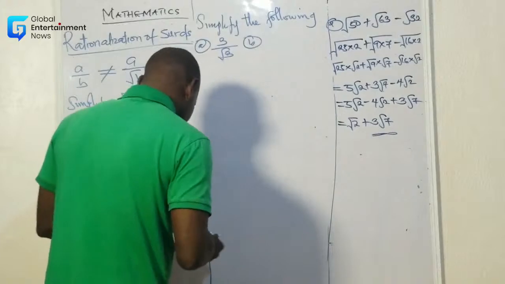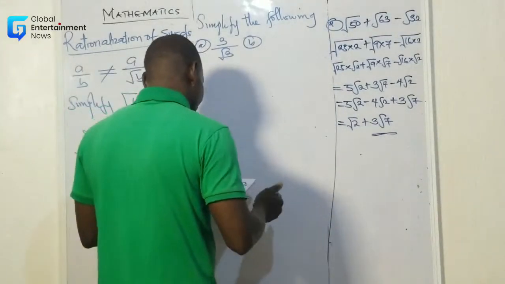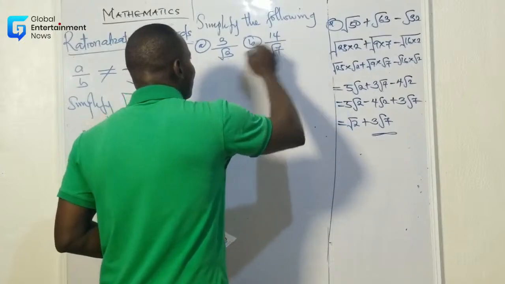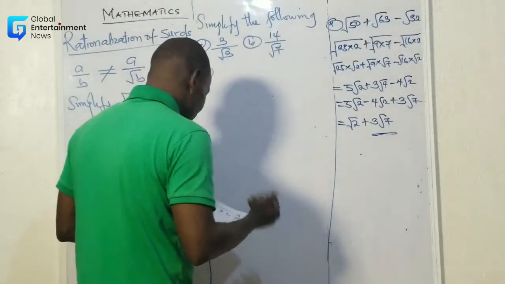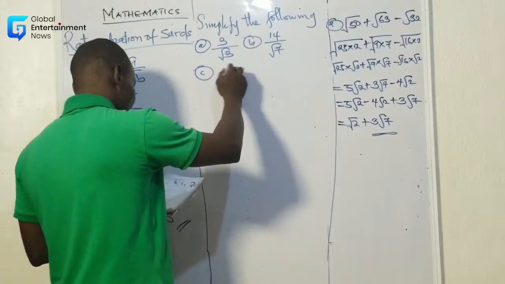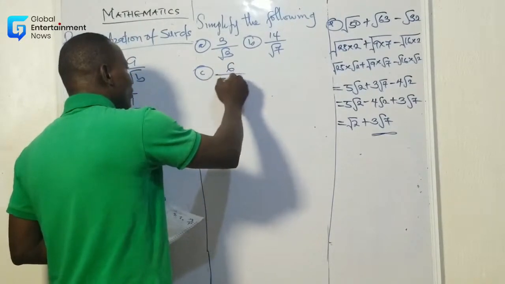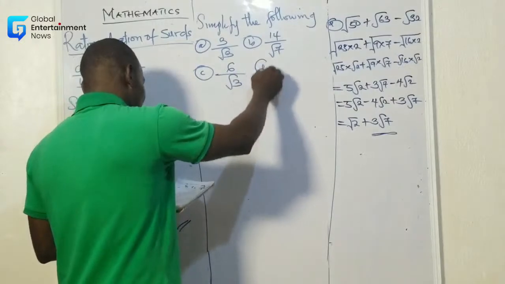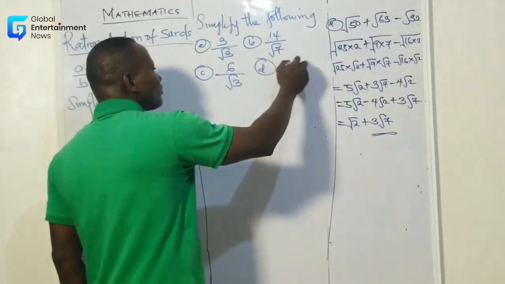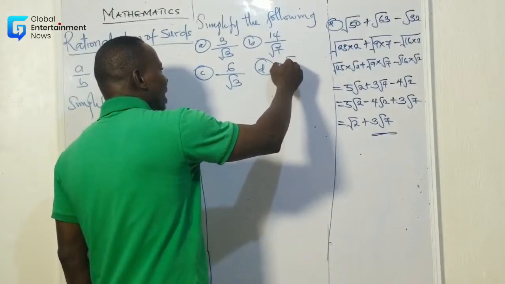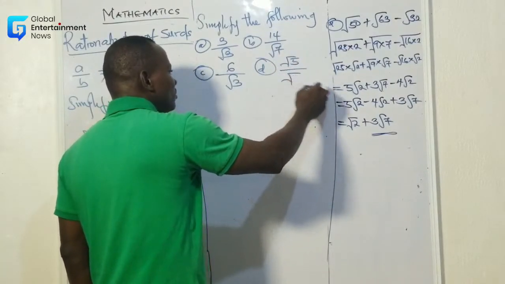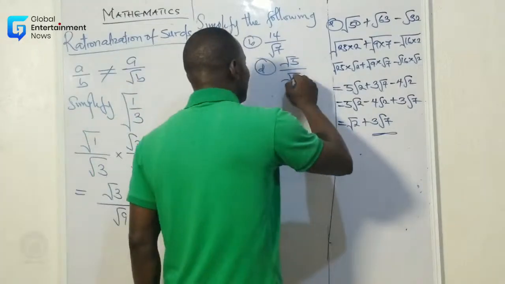B, we have 14 over root 7. C, we have 6 over root 3. And the D part, let's assume we have root 5 over root 2.